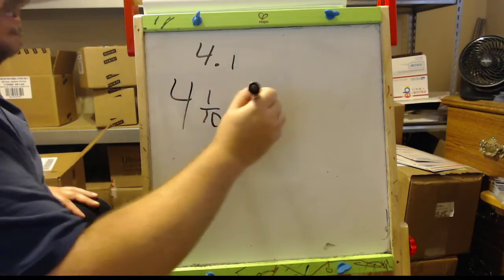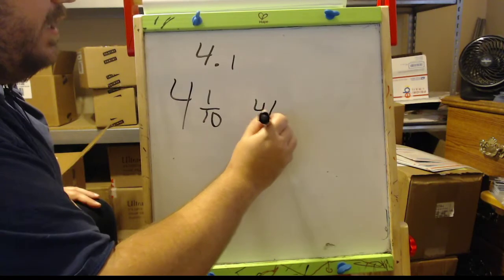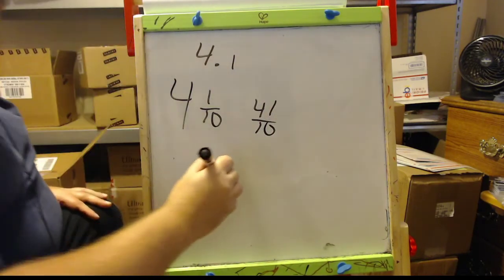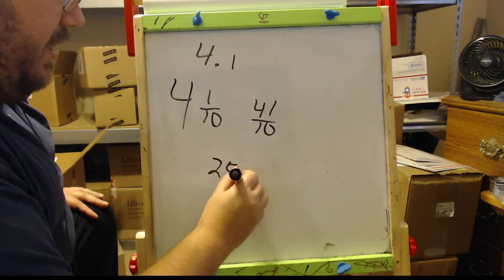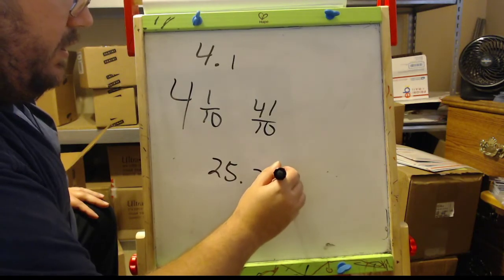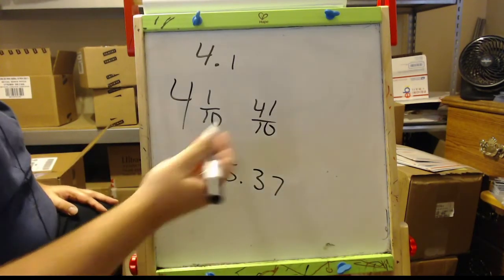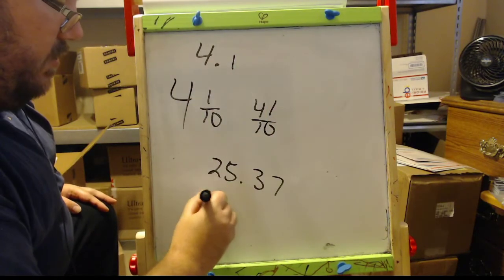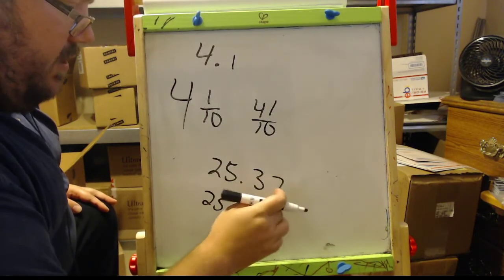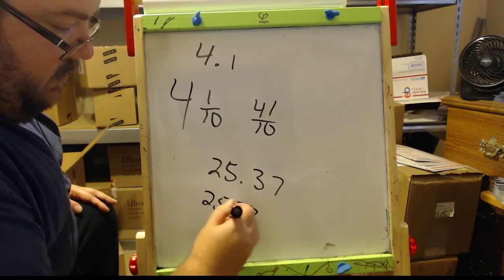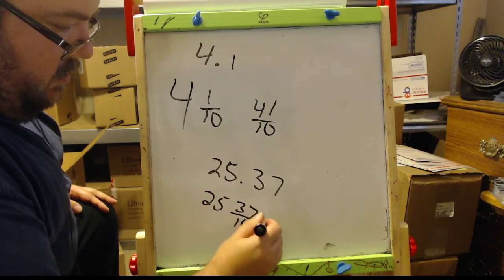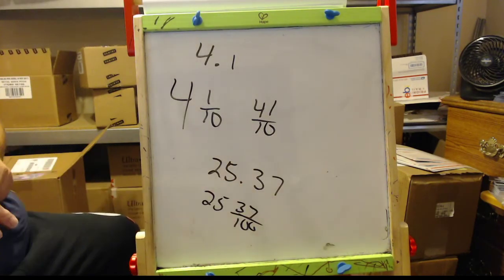Remember, multiply and add. 41/10. Now 25.37. Write it as a mixed fraction. 25, tenths, hundredths, 37 100ths. So 25 and 37 100ths.